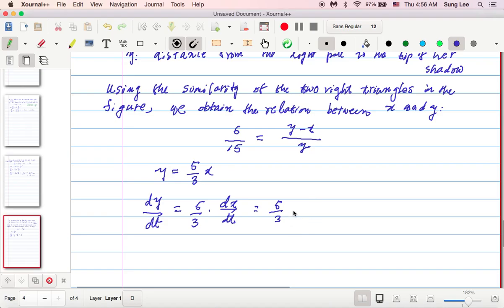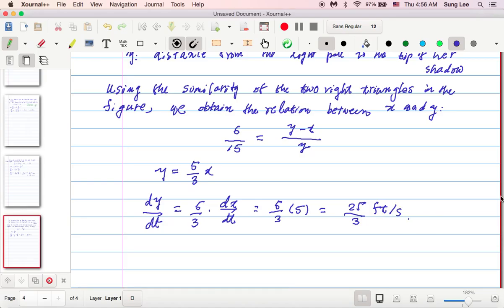So dx/dt is 5. That's going to be 25 over 3 feet per second.